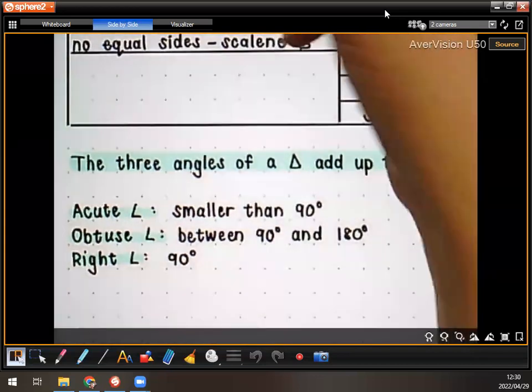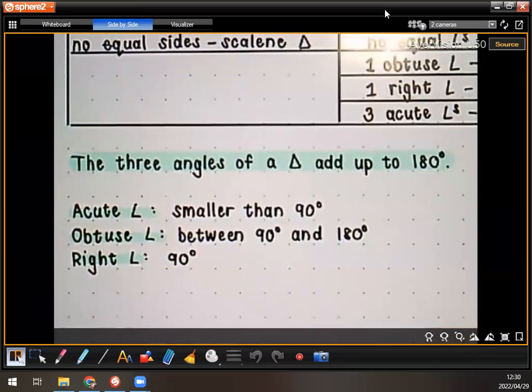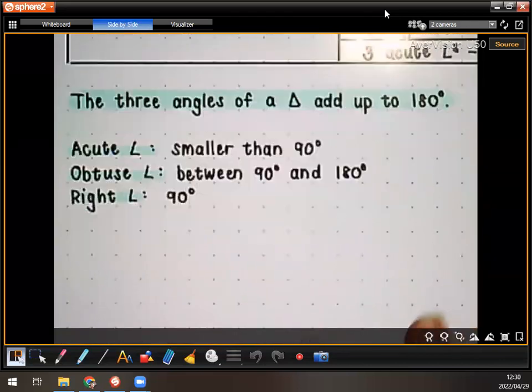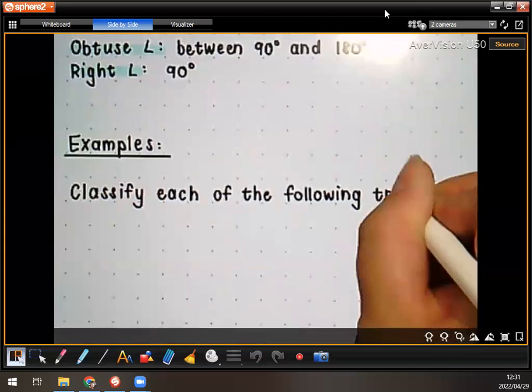So guys, if you see anything in the textbook or in the notes that refers to any of these terms, we have written them down. If you forget, you can just look back at this. We're going to do some examples quickly of where we are actually classifying triangles. So please write examples, and we're going to draw some triangles. Sorry, we're doing a lot of writing today.